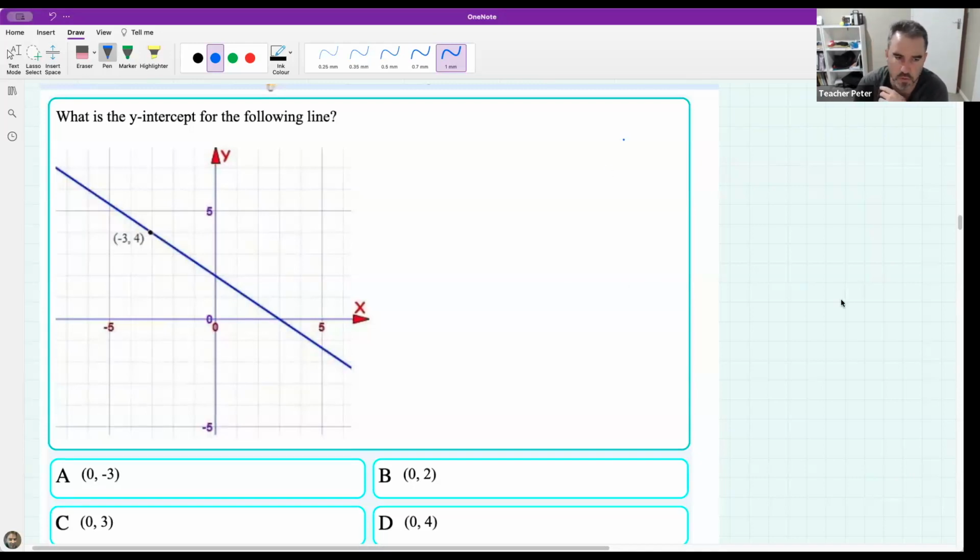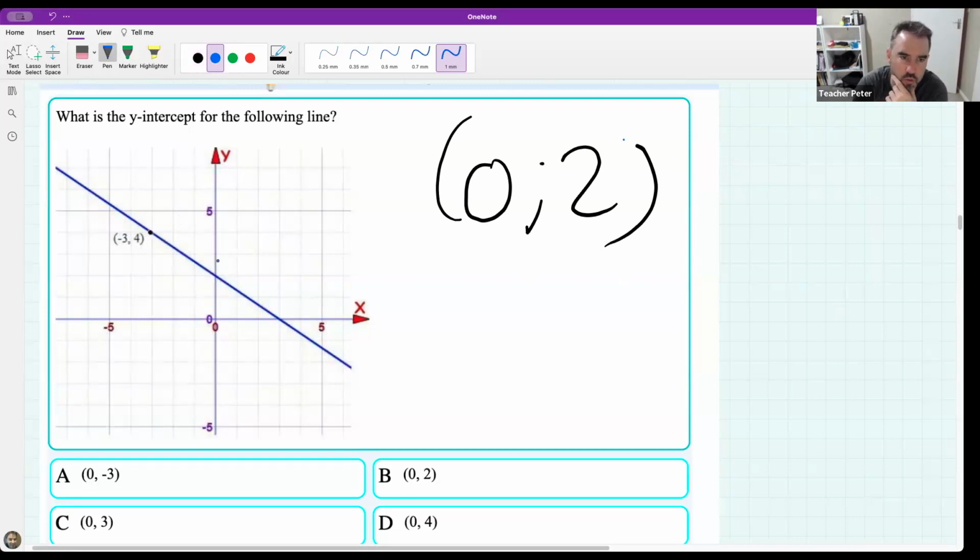Yeah, let's have a look at the chat. What's coming through? I think we all know that the x-coordinate has to be 0, but then the y-coordinate would be 2. And that would correspond to B.